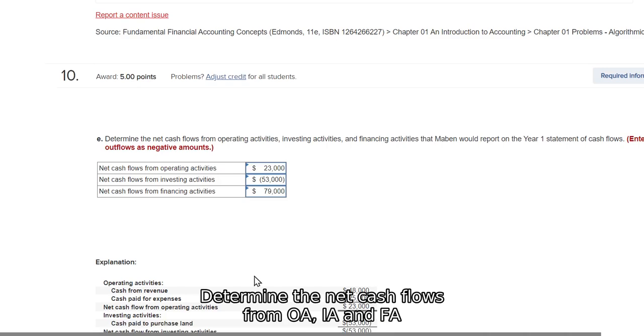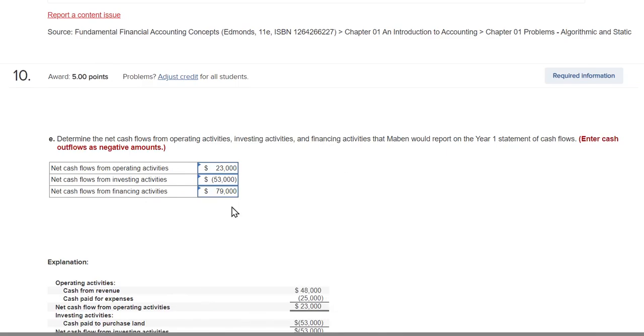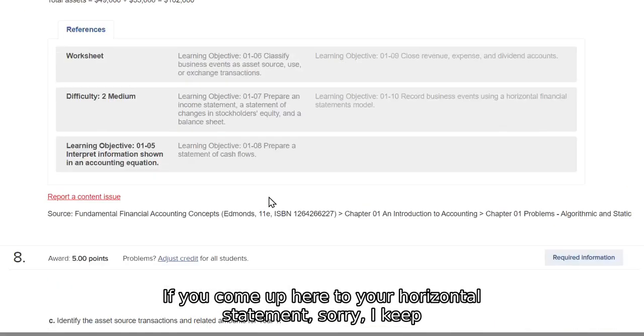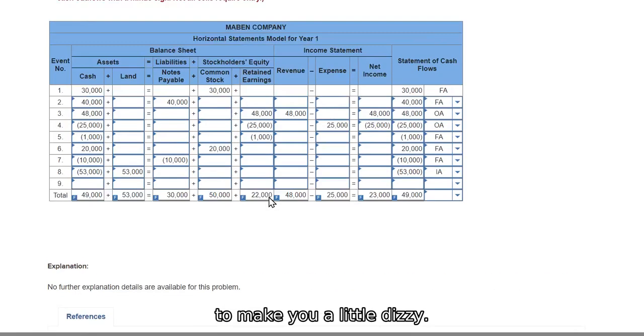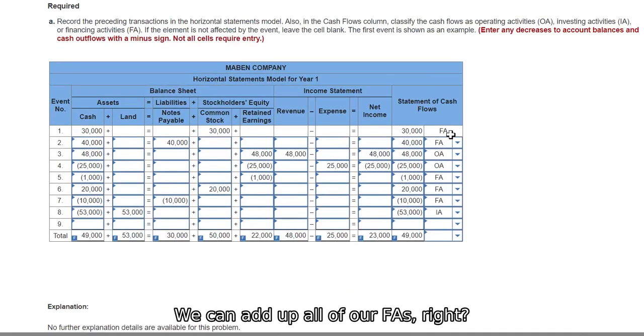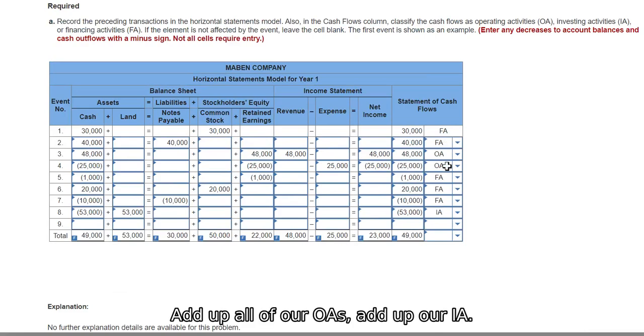Determine the net cash flows from OA, IA, and FA. Okay, so how are we going to do that? If you come up here to your horizontal statement, sorry I keep scrolling, it's probably going to make you a little dizzy. We can add up all of our FAs, add up all of our OAs, add up our IA.